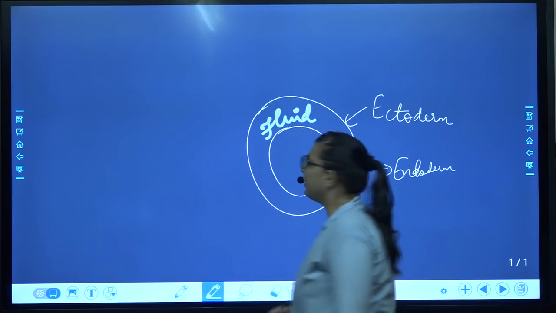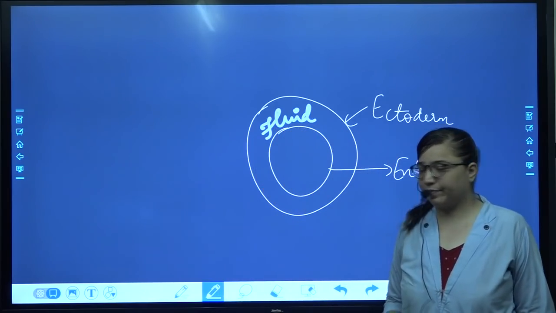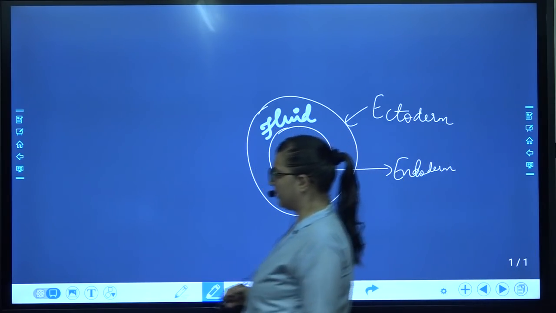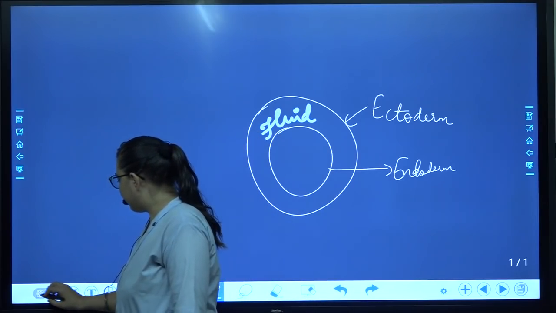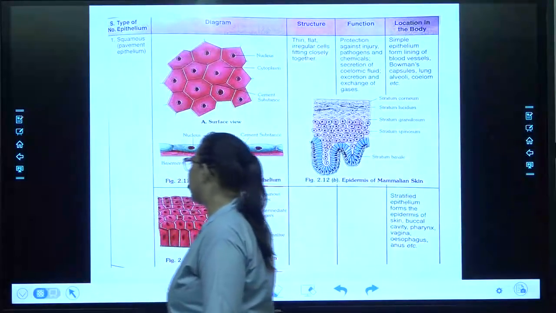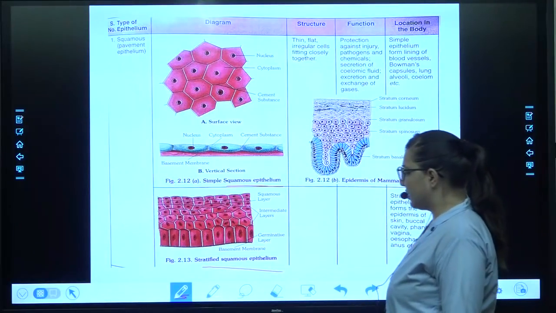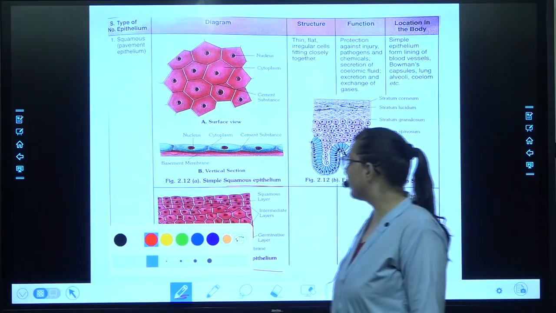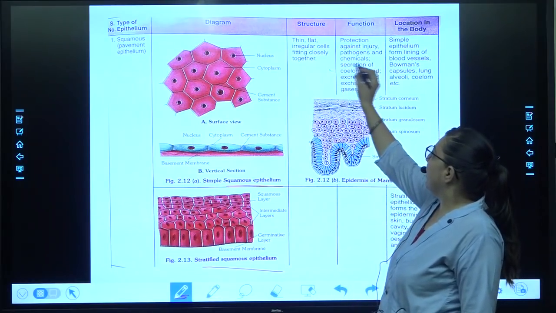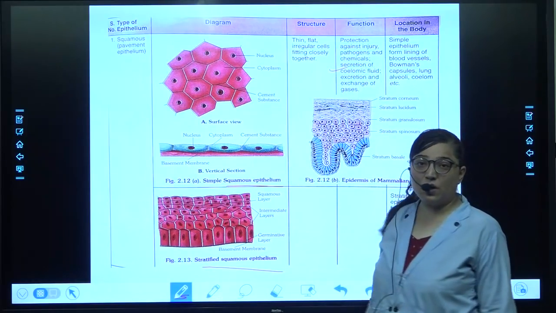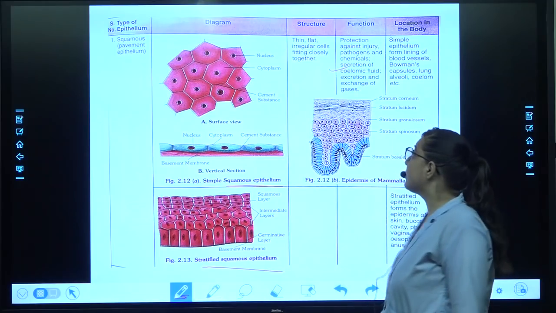Where there is fluid, it is called the coelom. And that is the function of simple squamous epithelial cells. It will help in the secretion of coelomic fluid, in excretion and exchange of gases.